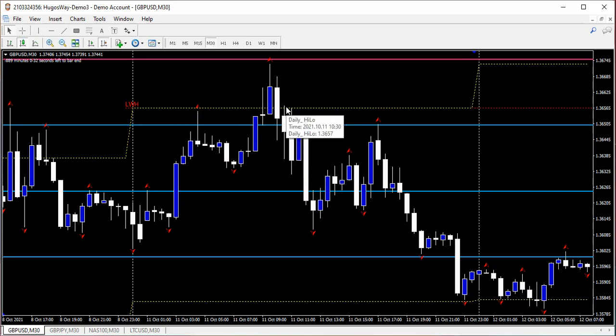Price closed below the high of the previous day, below the high of last week, and also closed inside of my zone. Once price closed inside of my zone, now I'm looking for the retest. Price opens up, gives me a retest, and as this starts to come back bearish, I'm entering the trade. I'm in. That's break and retest.